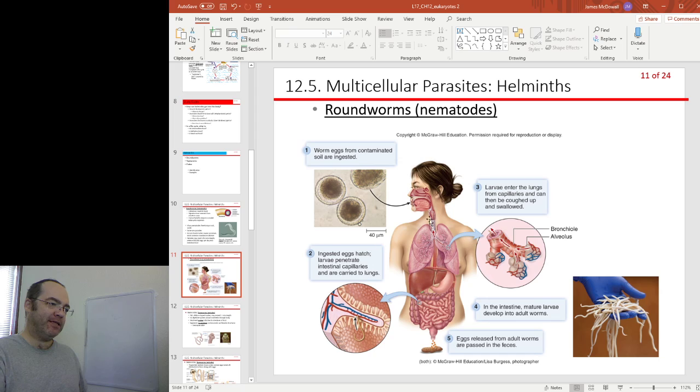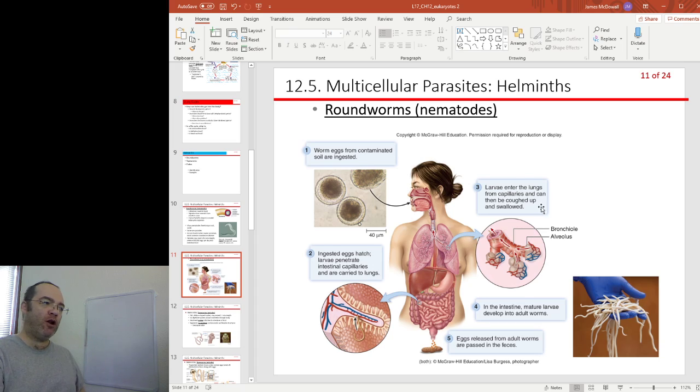It then circulates around the bloodstream until it winds up in the lungs. And then as it is circulating through the alveoli, it leaves the blood vessels and enters the lung. It then wriggles its way up and is coughed up.